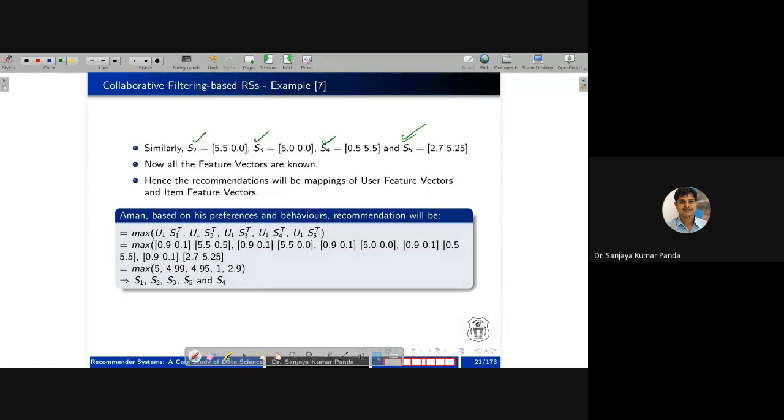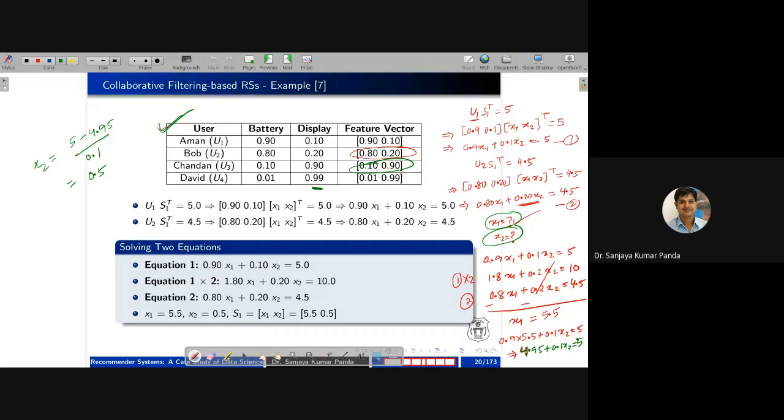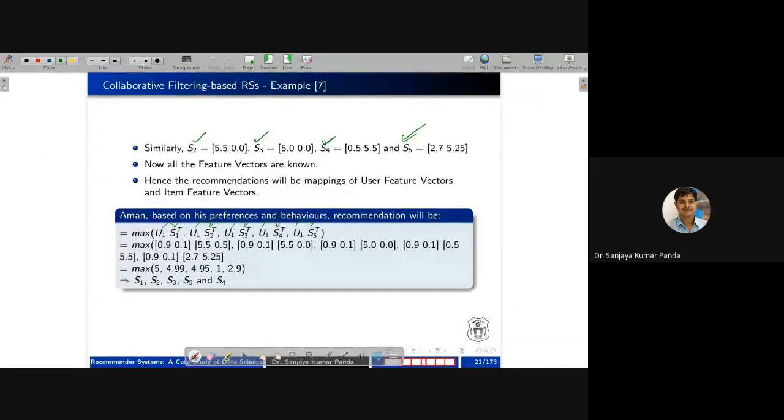These are the item feature vectors. For example, for Aman, if you want to suggest something based on his preference and behavior, you can do that with the maximum of U1. U1 is actually Aman. So U1 with S1 transpose, U1 with S2 transpose, U1 with S3 transpose, U1 with S4 transpose, and U1 with S5 transpose. And you know the U1 user's values in this particular table, you know the smartphone feature.